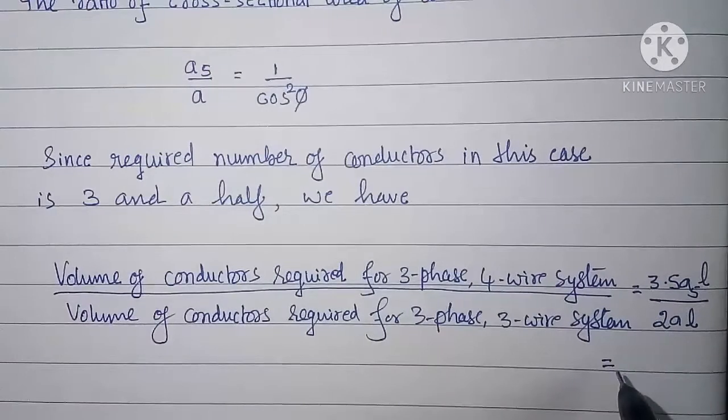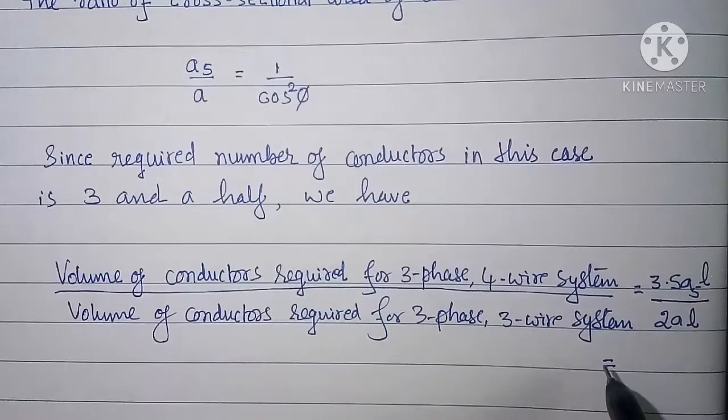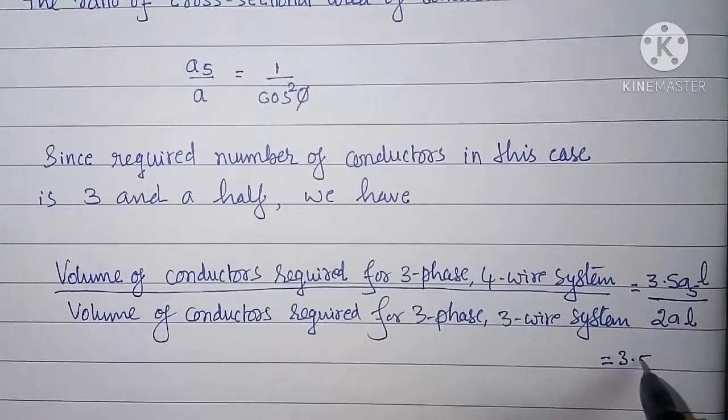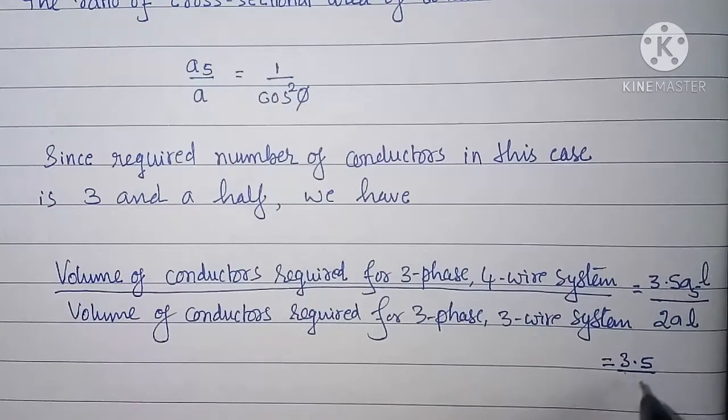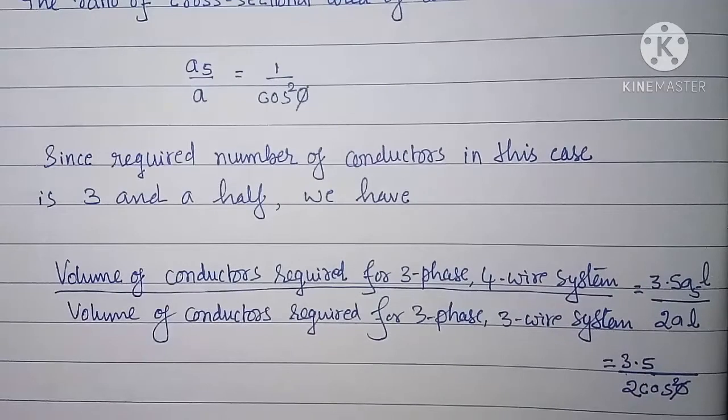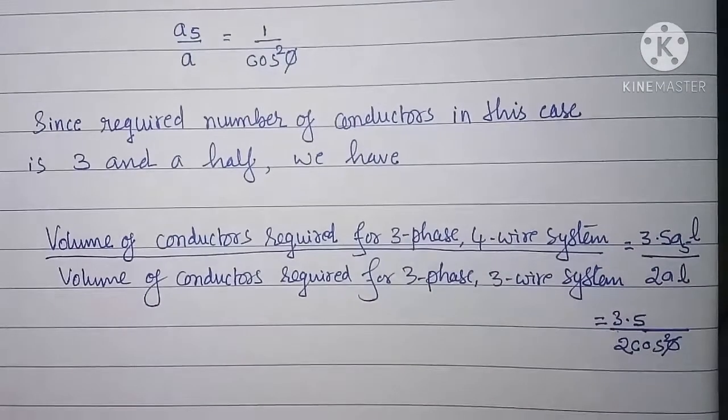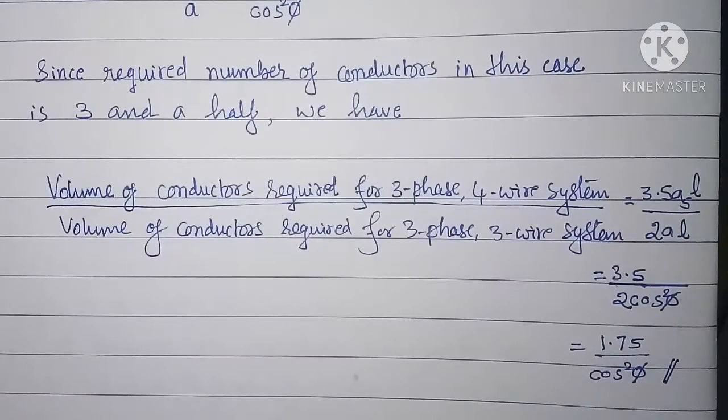Simplifying we get (3.5) by 2 cos square phi, that is equal to 1.75 by cos square phi.